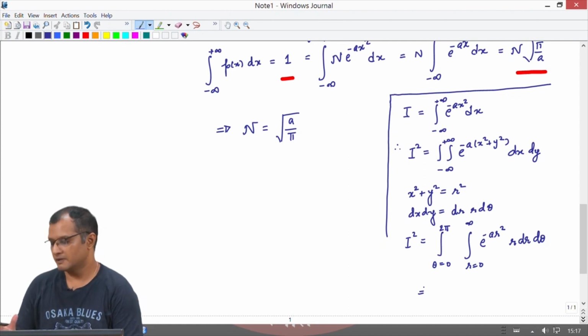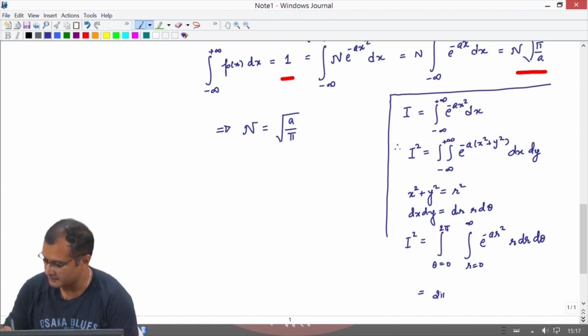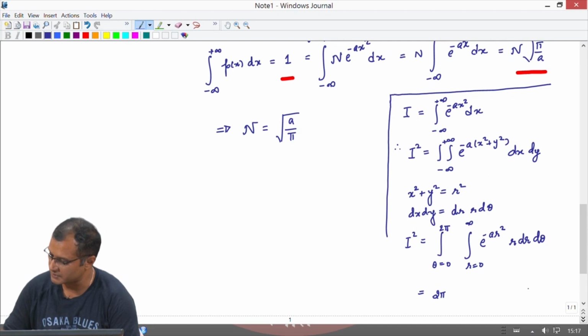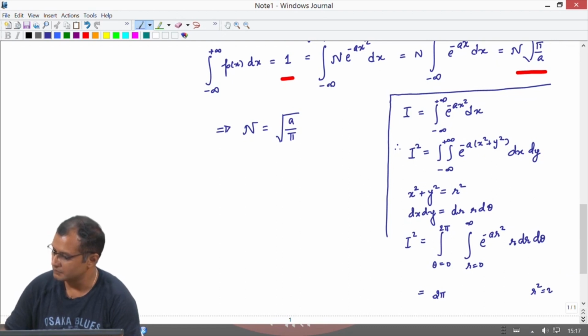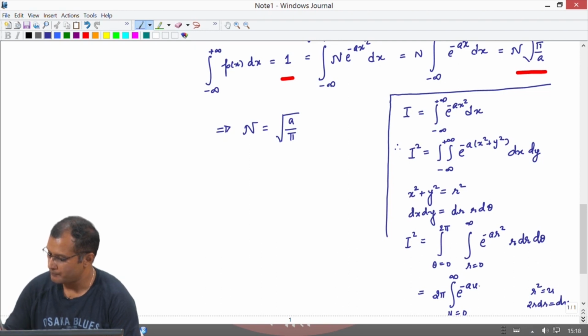Okay. The integral on theta simply gives me a factor of 2 pi, and if I substitute r square as u, then I can write twice r dr as du, and the inner integral will become the integral on u going from 0 to infinity of e to the power minus a u, du by 2.